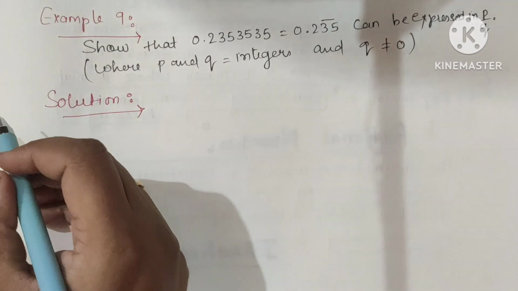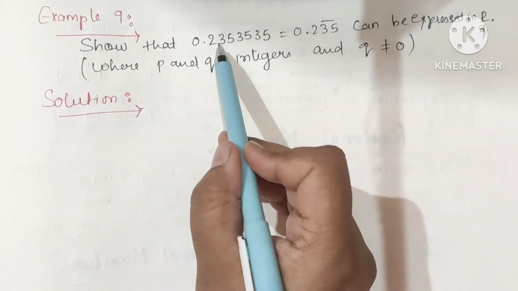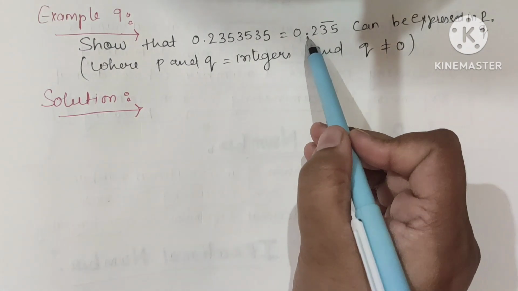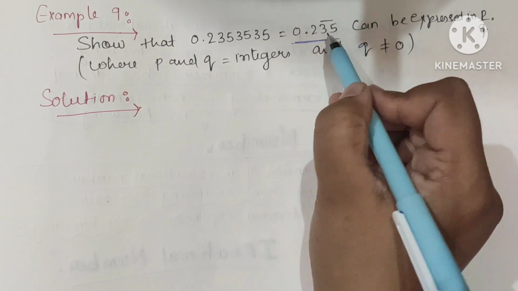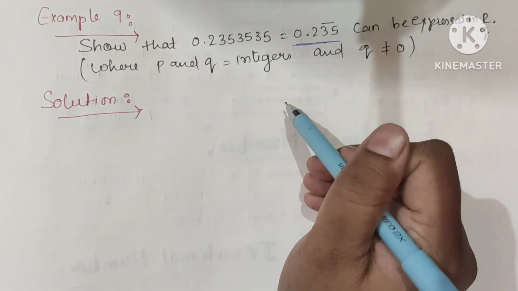Okay, we'll continue with example number 9. Show that 0.2353535 is equal to, here see the number. Here something is different from the two previous questions.